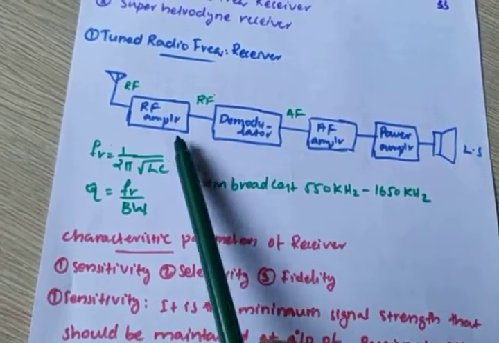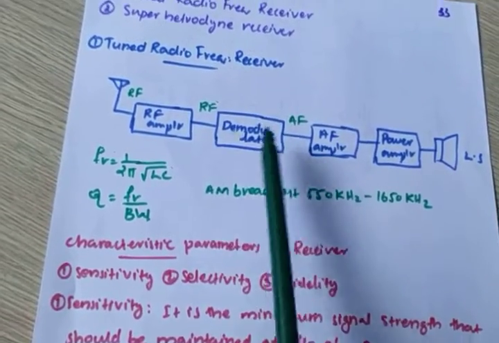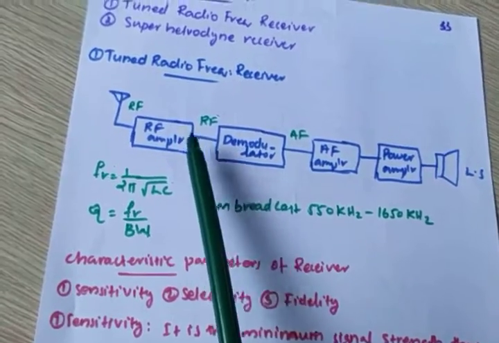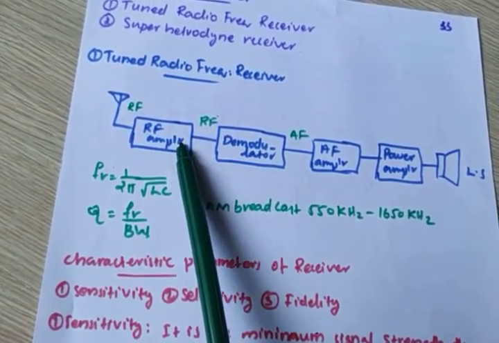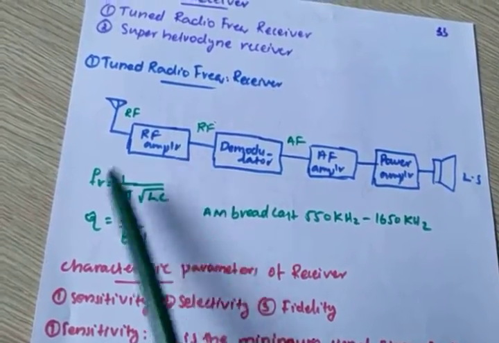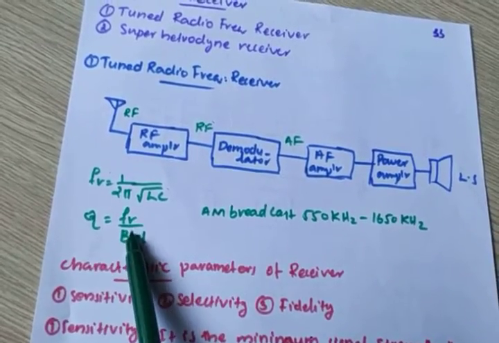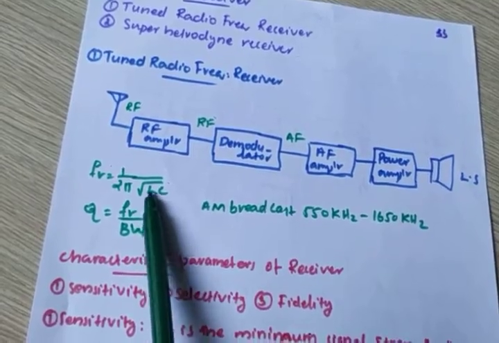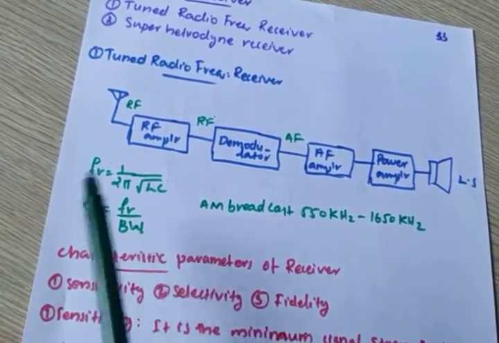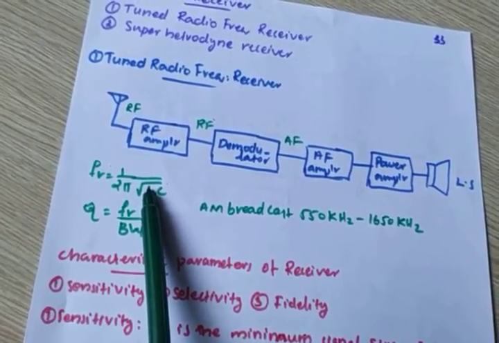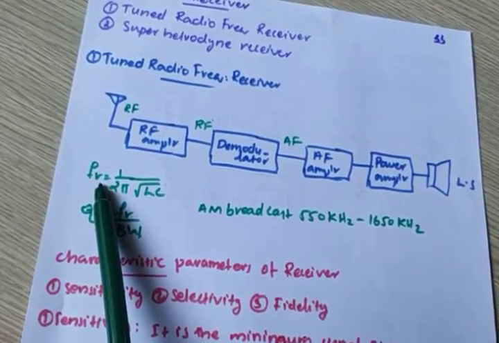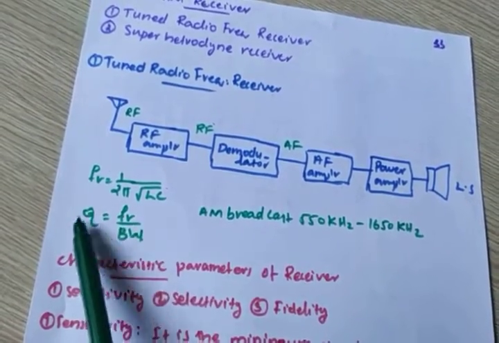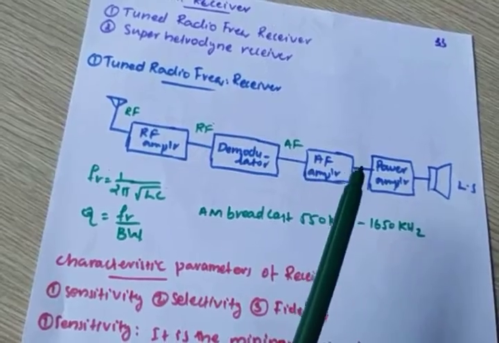Once your quality factor is fixed, it can't be changed. So here you are changing the resonant frequency. Keeping the quality factor constant, the bandwidth is getting increased, since bandwidth equals resonant frequency by quality factor. As you increase the resonant frequency, definitely the bandwidth will increase as we keep Q constant.